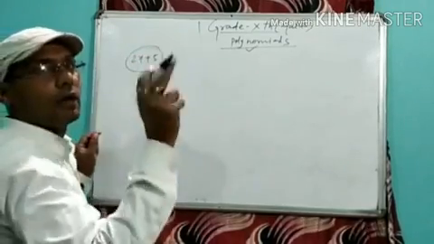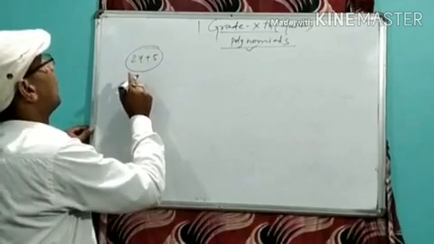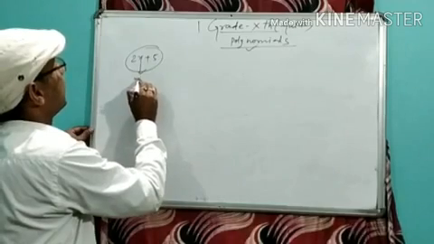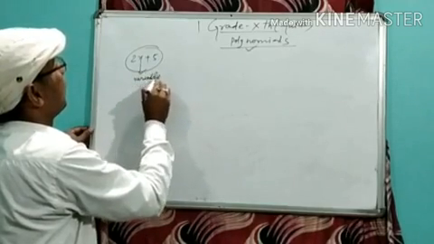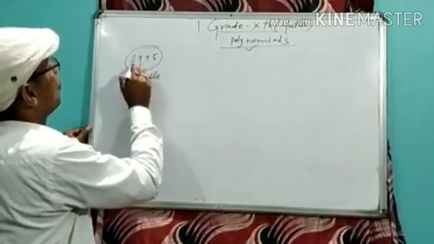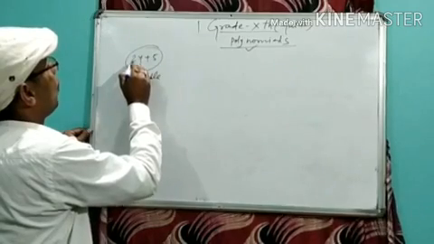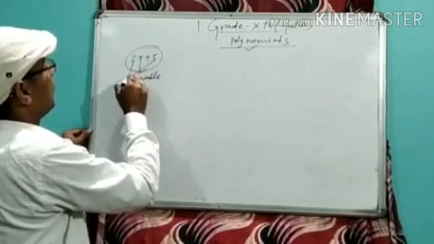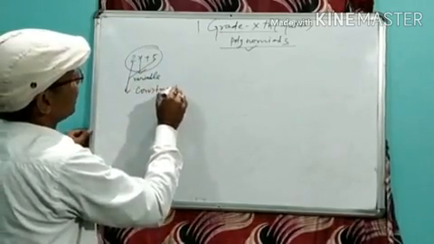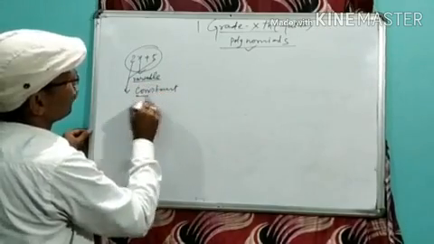Here x is a variable, and 2 and 5 are constants.